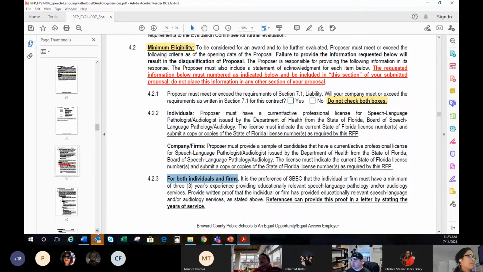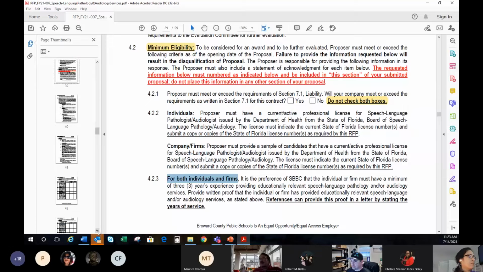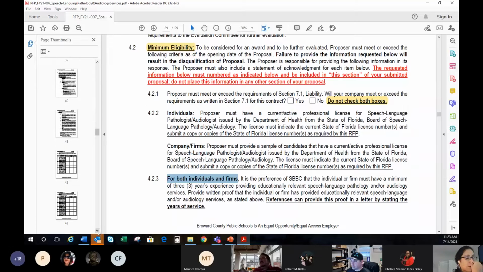Now, they write the letter, you don't write the letter. That this company has used your services for the past 10 years. That's very important because that lets me know that yes, you've met the 3 years experience in providing the required services. So we can move on.